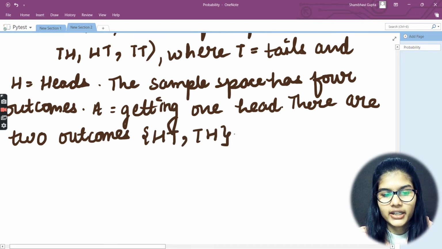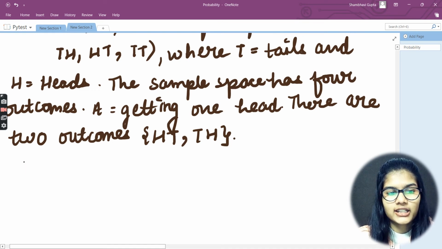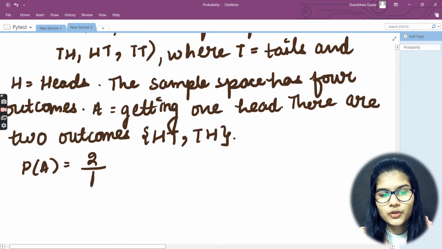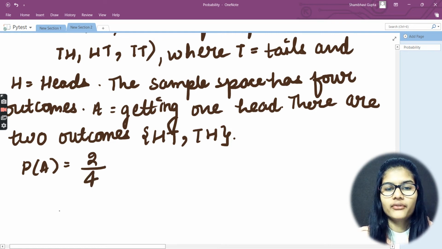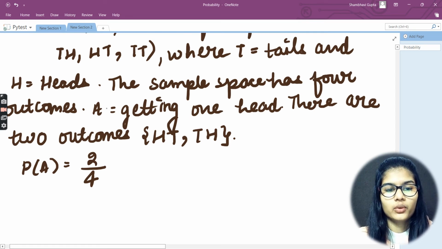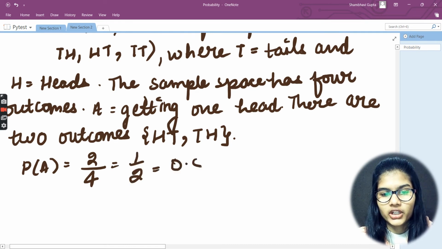So the probability of A is 2 by 4, because in total we had 4 outcomes, and from those, 2 outcomes have one head. So 2 by 4 is equal to 1 by 2, which is equal to 0.5.